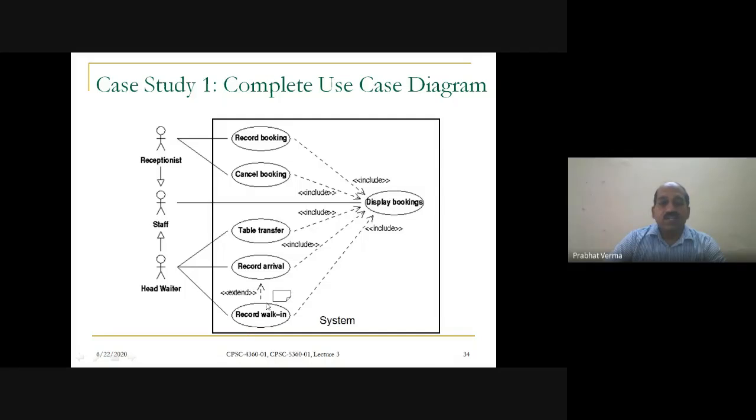Then record walk-in is represented as an extended use case from record arrival, and record walk-in itself represents the use case for those customers who have not priorly booked the table. And we already saw that the receptionist and head waiter are the specialized actors that are generalized to an actor known as staff.